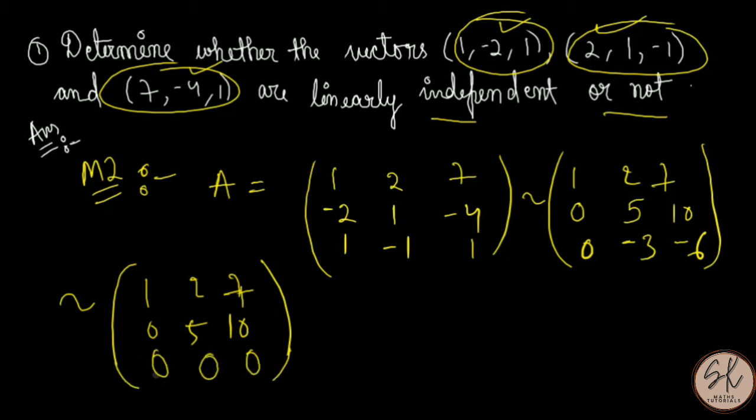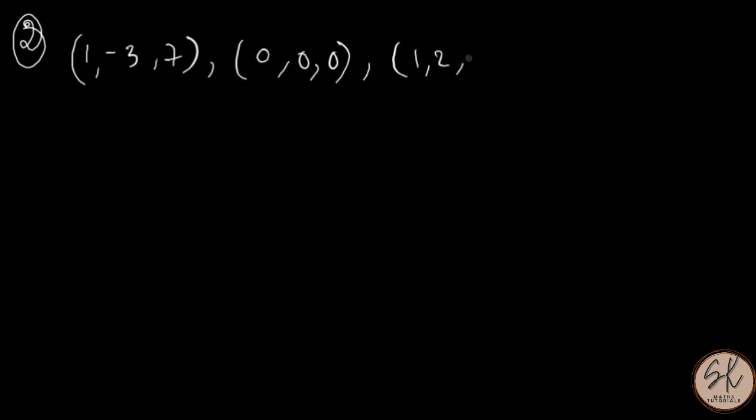Now as this echelon matrix has a zero row, the set of vectors is linearly dependent. Now if the vectors are 1 minus 3 7, 0 0 0 and 1 2 1, and we are asked whether these vectors are linearly independent, then the answer is no, because of this 0 vector.